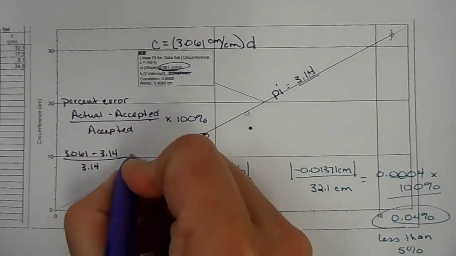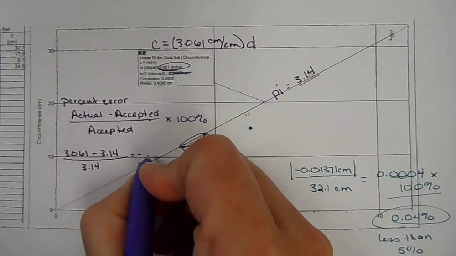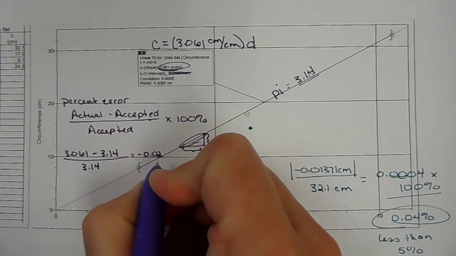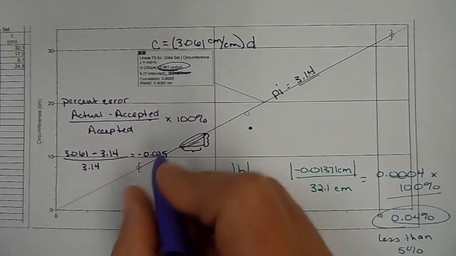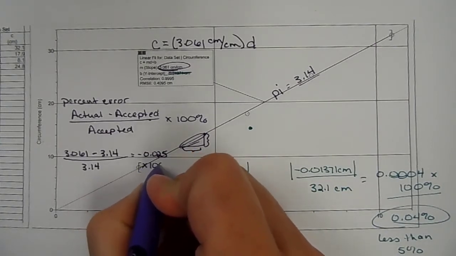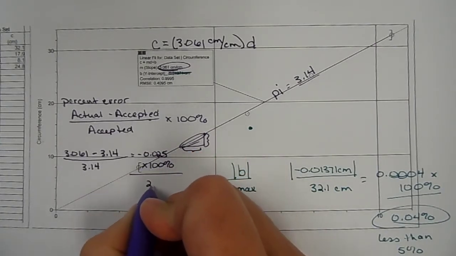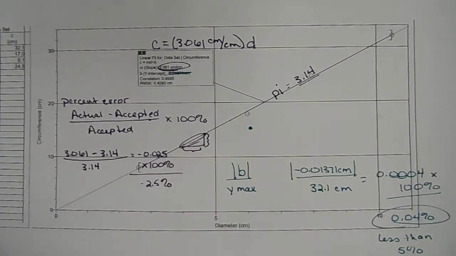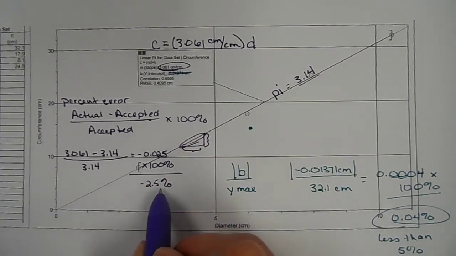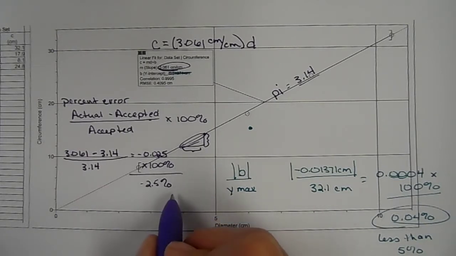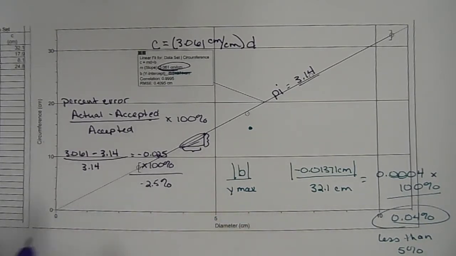And if we calculate this out, we're going to get negative 0.025. And if we multiply that by 100%, we're going to get 2.5% error. So I was 2.5% below the accepted value. Not too bad.